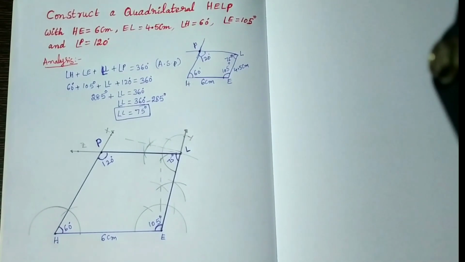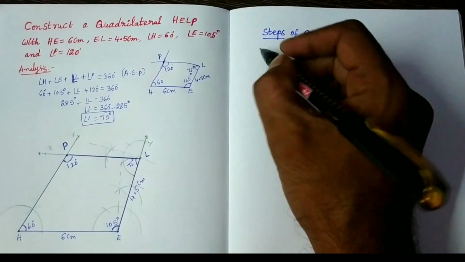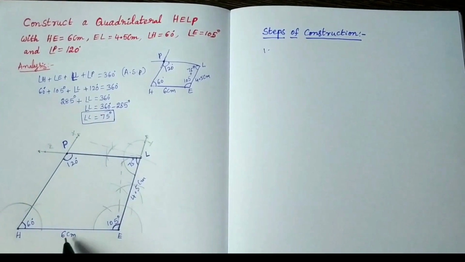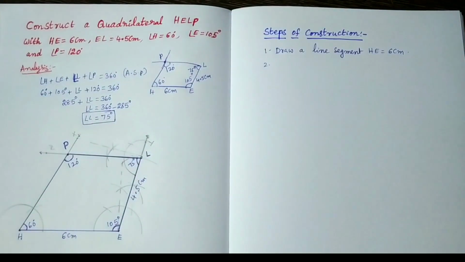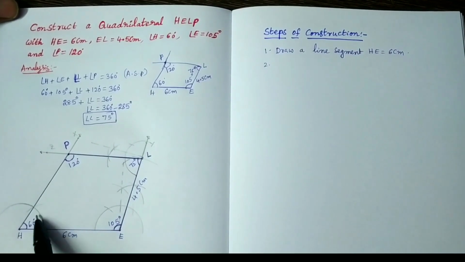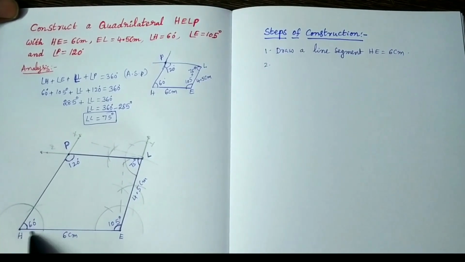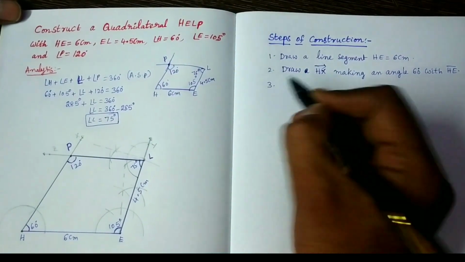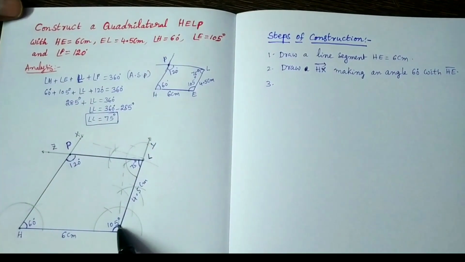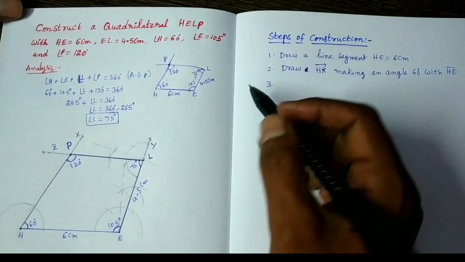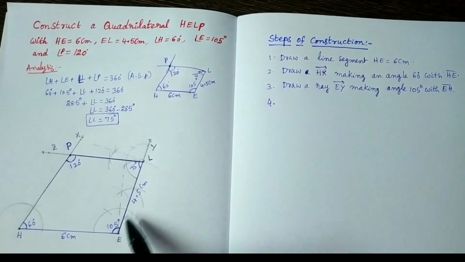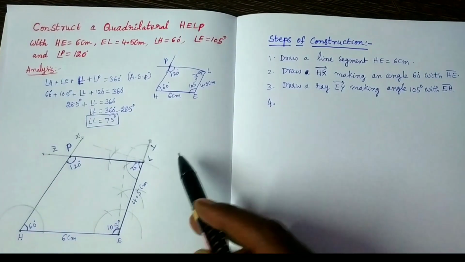Now, steps of construction. First one is draw a line segment HE that is equal to 6 centimeters. Second step is draw a ray HX making an acute angle 60 degrees with HE. Third one, draw a ray EY making an angle 105 degrees with HE. Fourth step is take E as center, 4.5 cm as radius, draw an arc.